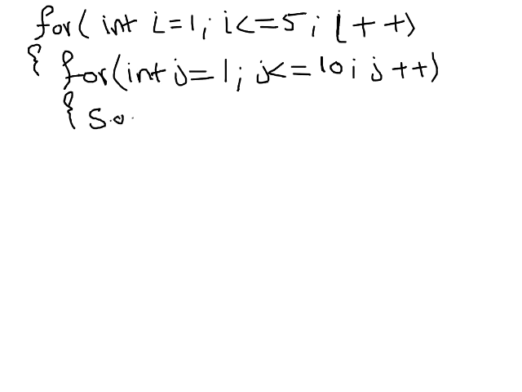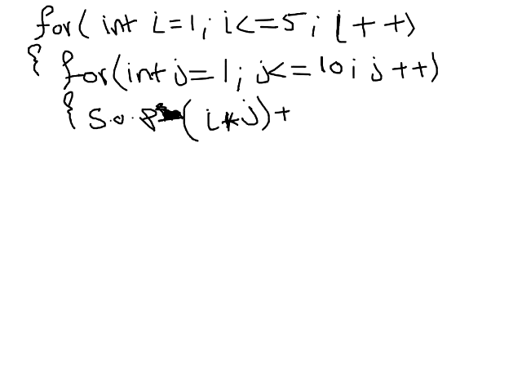Okay, now System.out.print, sorry, not println. This matters. Okay, scrap the line. System.out.print i times j. Okay, i times j.